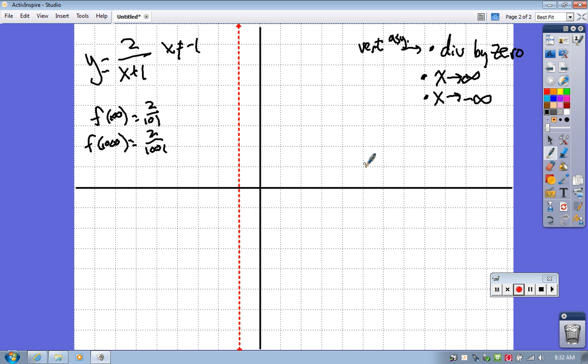So hopefully you can see that as x is getting bigger, this gets really big. So that makes this become 0. Get close to 0. It never actually becomes 0. Basically it becomes 2 divided by big, which is essentially 0, close to 0. So these give me a horizontal asymptote.